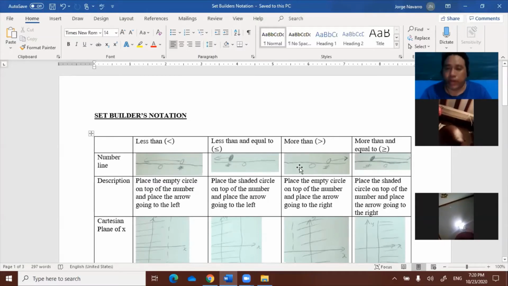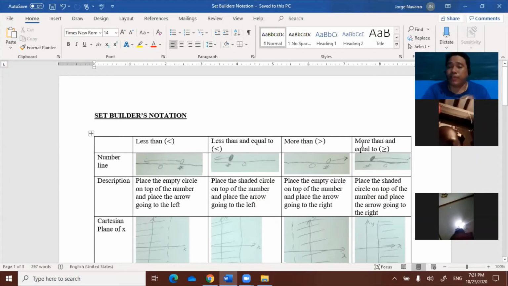When we have a more than, we will again have the 0 on the number line and the number in question. On top of the number in question, you will have an empty circle, but since it is more than, meaning bigger, the arrow instead is going to the right, not the left.